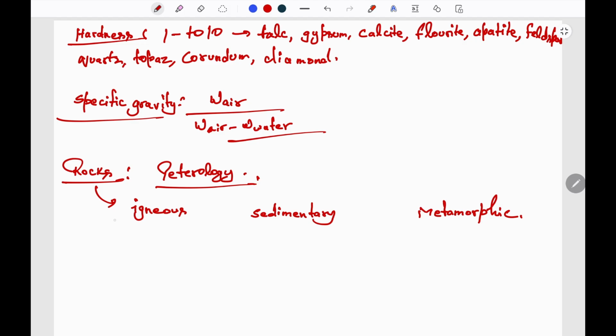So how does igneous rock form? It is formed by solidification of magma. In sedimentary rock, it is the result of deposition of fragments of rocks by exogenous processes.